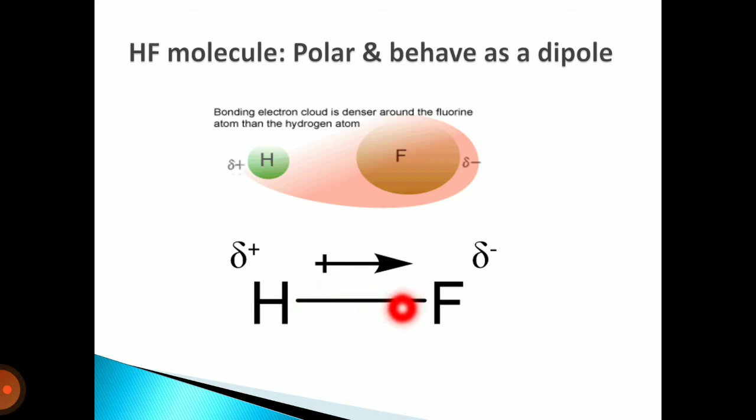So, being more electronegative, the fluorine atom pulls the electron cloud more towards itself. Hence, it develops a fractional negative charge represented as delta minus, and hydrogen, being less electronegative than fluorine, develops a partial positive charge, which is represented as delta plus. Hence, the HF molecule becomes polar and behaves as a dipole.